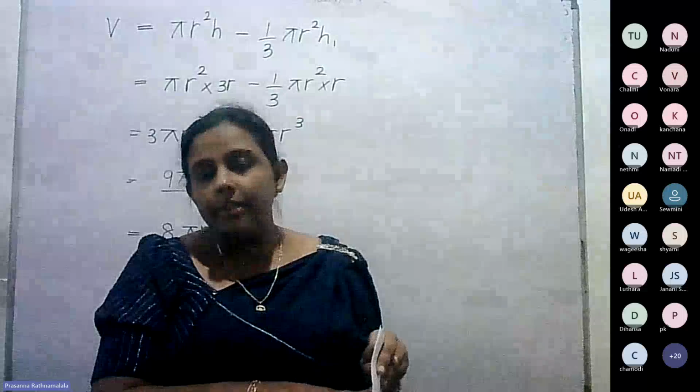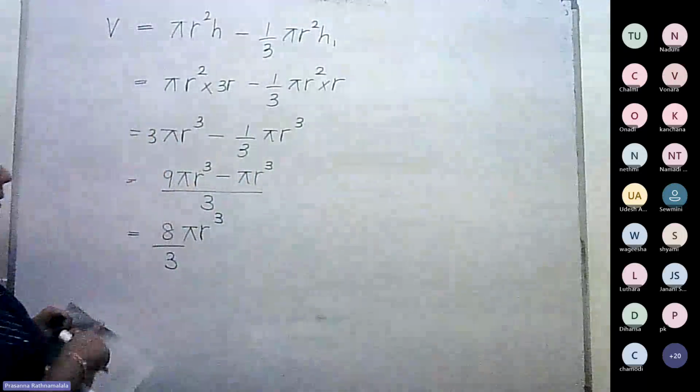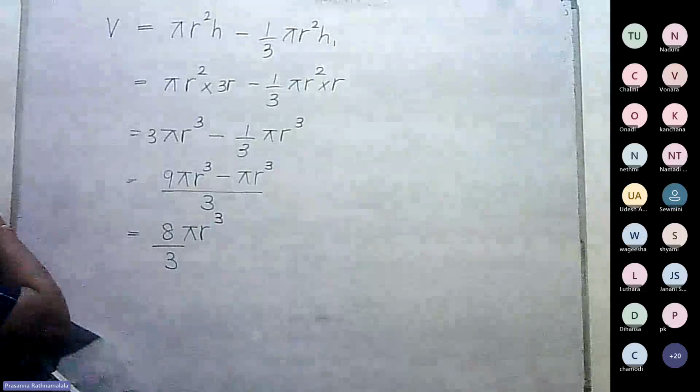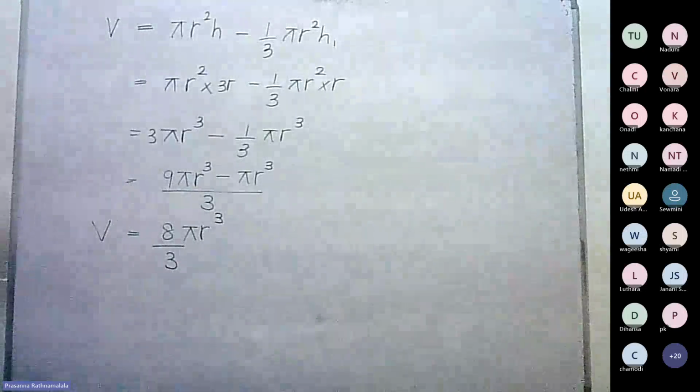Right? You complete all that questions in that paper. Right? Then you must do it like this. That volume equals 8 upon 3 πr cube.